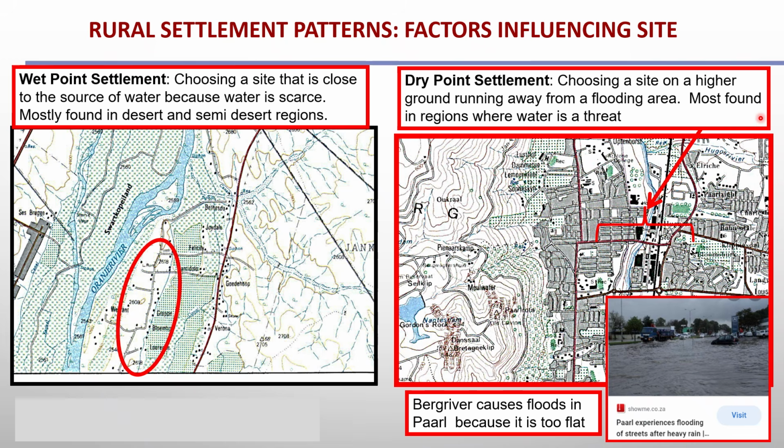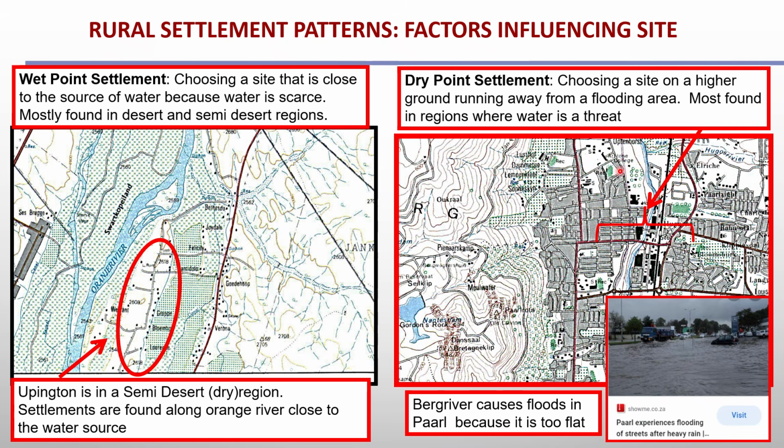You can see here there are settlements, these dots here, buildings. It says Upington is a semi-desert, a dry region. In dry areas, settlement will be found along a river or a wet point. Settlements are found along the Orange River, close to the water source. So it's a wet point settlement.